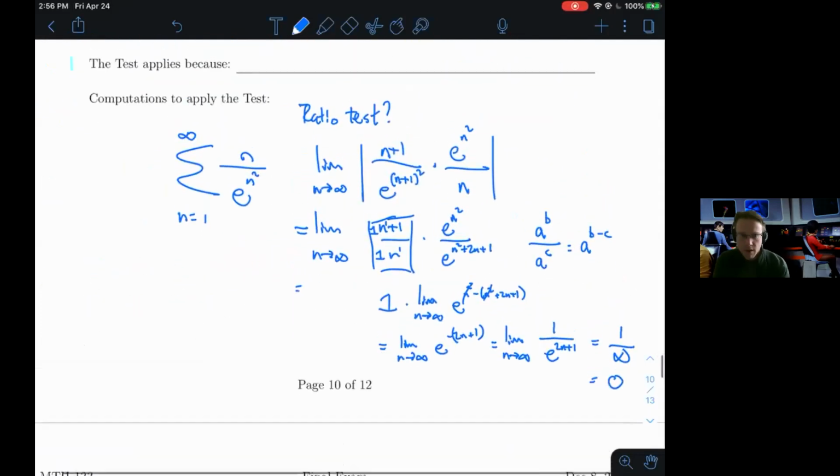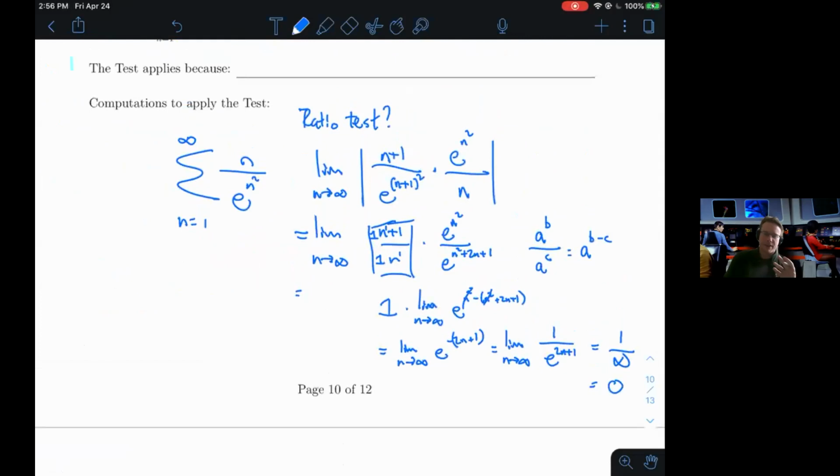So after all this, we have to think back to what we were doing at the beginning. Oh, we were applying the ratio test. The ratio test is really an exploration of the limit of the ratio of subsequent terms of our series.